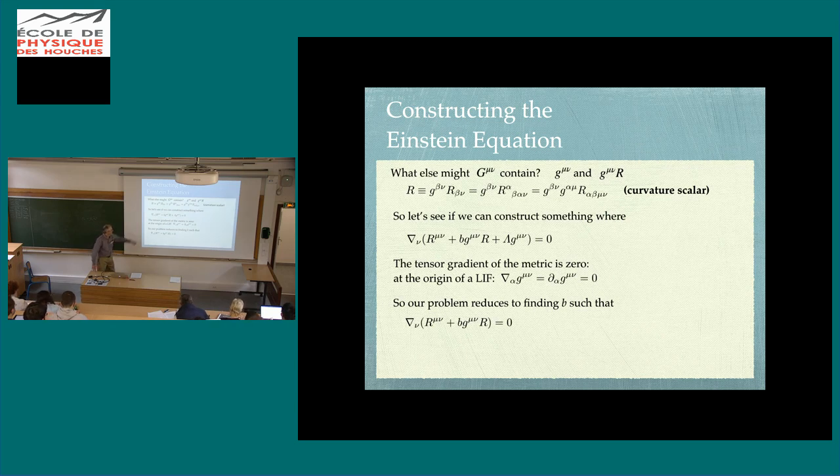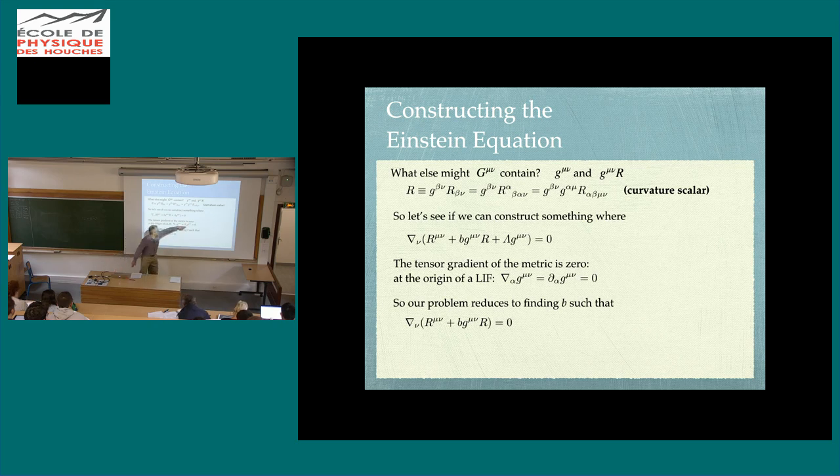Now the tensor gradient of the metric is automatically 0. Why? If I go to a locally inertial frame, the tensor gradient becomes just the ordinary gradient. And why is that 0 in a locally inertial frame? Basically because the metric tensor is a Minkowski tensor through the first derivatives.